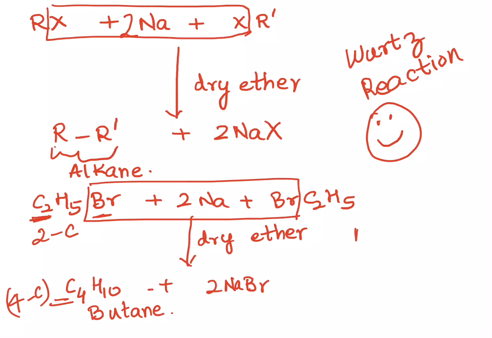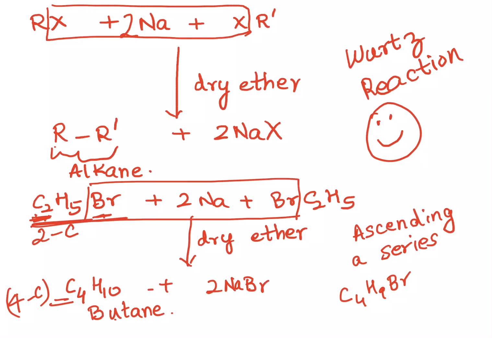Hence, this particular reaction is used for ascending a series of conversions. Ascending a series means if I want to convert from a 2 carbon to a 4 carbon. So let's suppose I want to prepare C4H9Br from bromoethane, if I want to prepare from this.